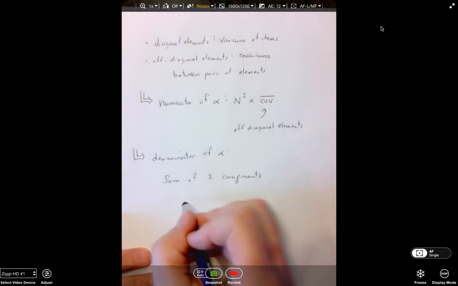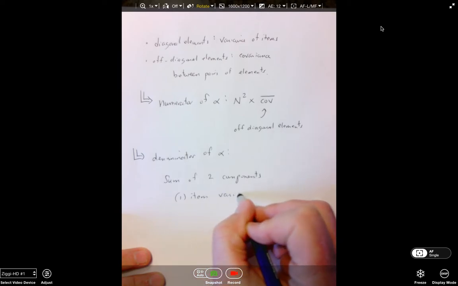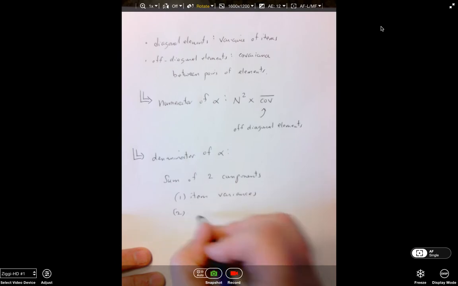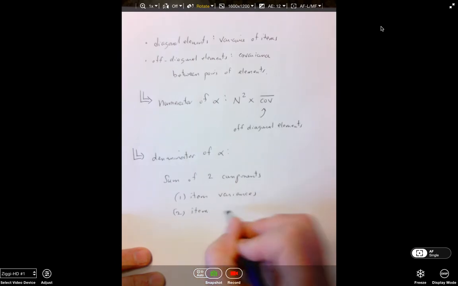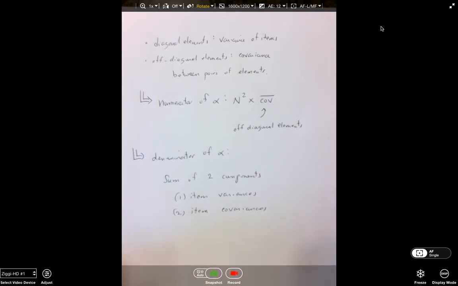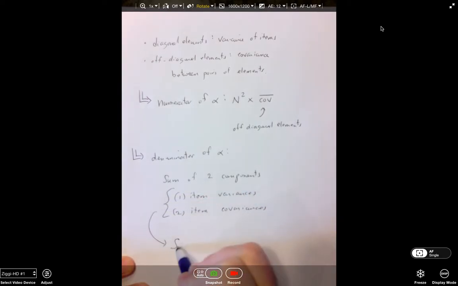Those components are the item variances, which are on the diagonal, and the item covariances, which are on the off diagonal. So you might think of the denominator as just being the sum of everything.